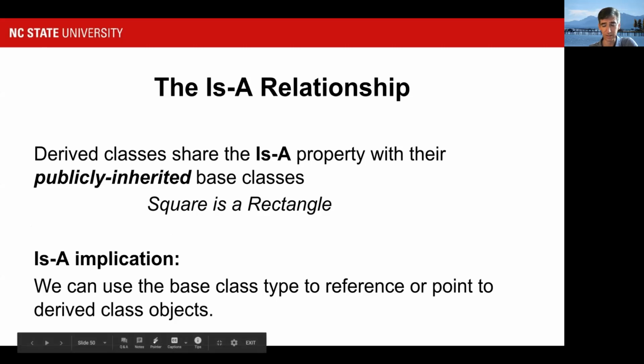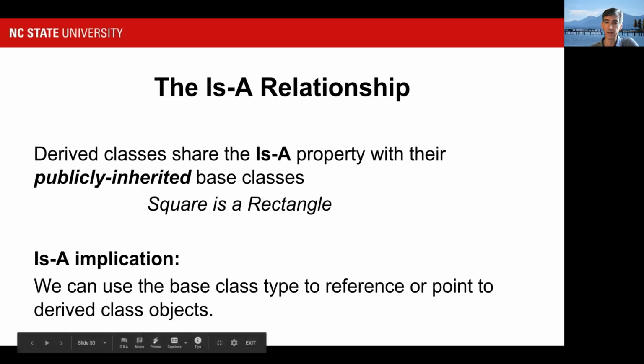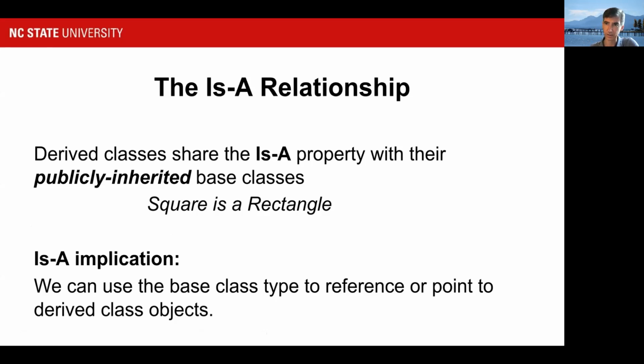It's very important to clue into this reference or point. I'm not saying that a square object can be referred to as a rectangle. I'm saying that we can use a pointer or reference to refer to that square object, okay? A rectangle reference or a rectangle pointer can be used to refer to a square object.